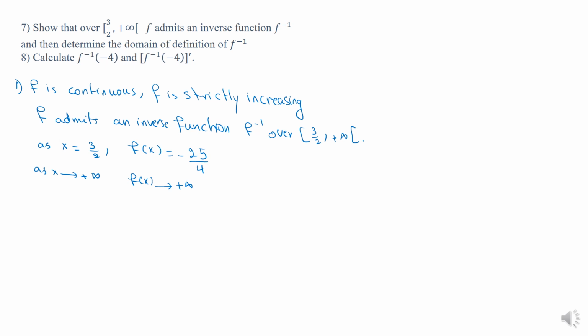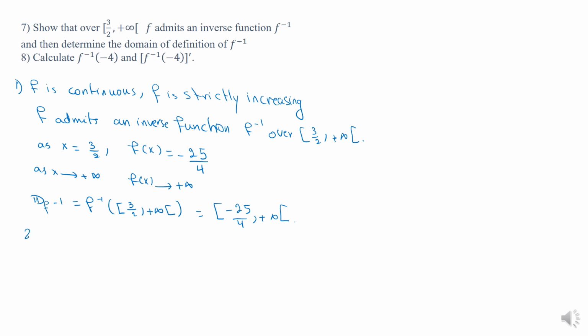The domain of f minus 1 over 3 over 2 is the range of f over 3 over 2 plus infinity, so the domain of f minus 1 is f of 3 over 2 plus infinity. It will not change the order since the function is increasing, which is equal to negative 25 over 4 plus infinity.